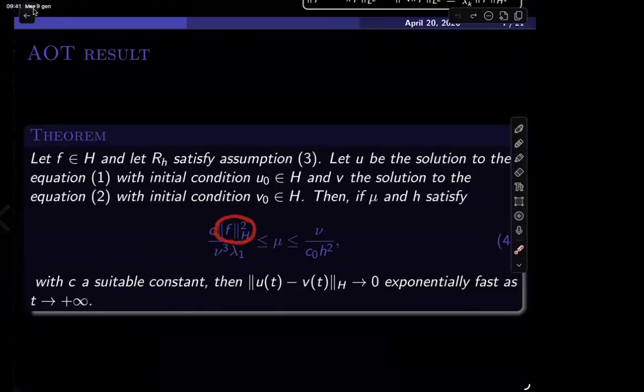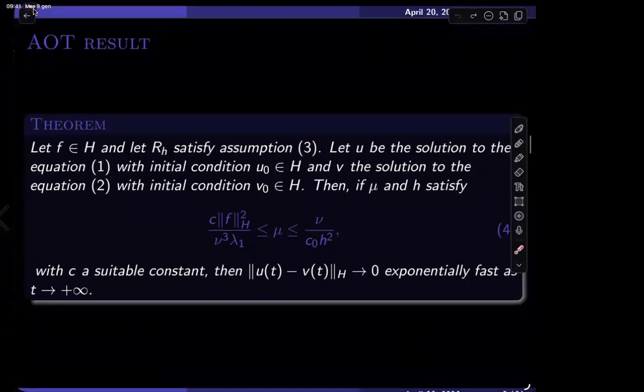So you see that here appears the intensity of the forcing term, here appears the viscosity parameter, and lambda 1 is the first eigenvalue of the Laplacian, so it means that you also have a dependence on the domain. Okay, so if mu and h satisfy this kind of condition, basically you prove that the solution of the nudging equation, when time goes to infinity, so for a suitably large time, is a good approximation of your true solution. So you can approximate the true solution with this modified equation.